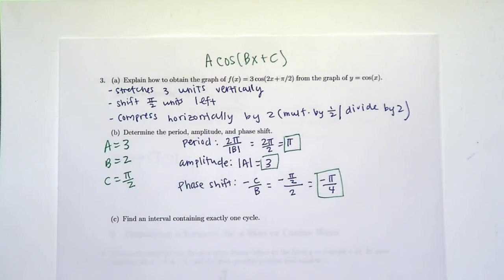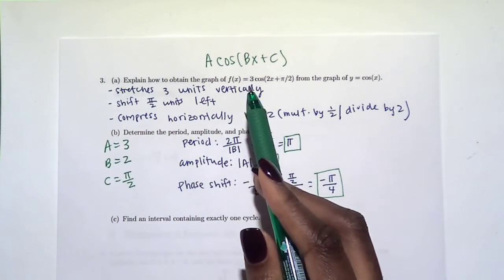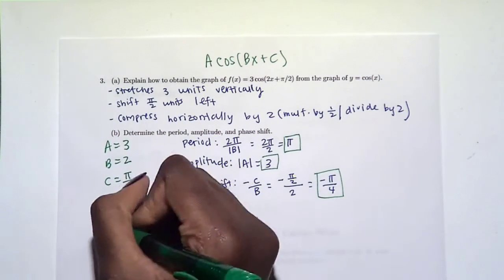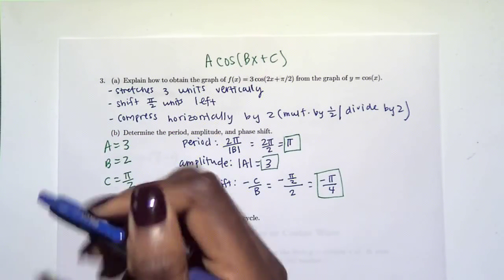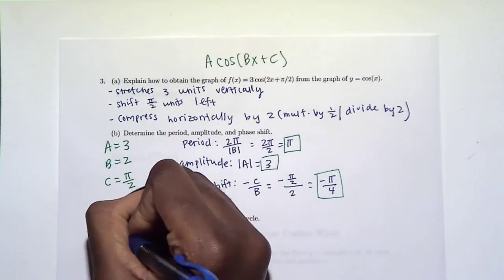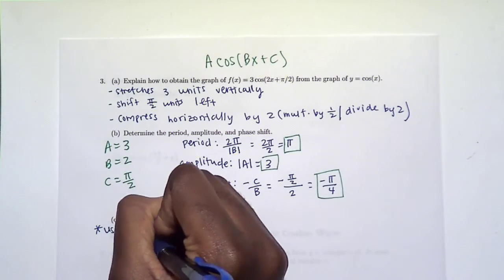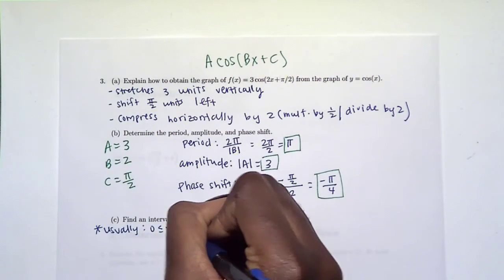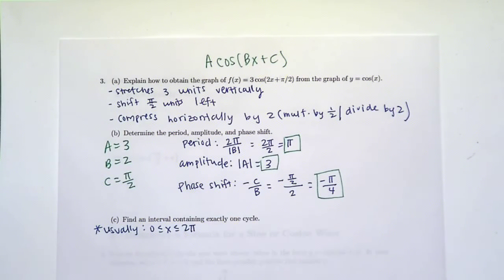Let's go ahead and look at an interval that contains one cycle or one period of our graph. Okay, so again, with cosine, our period is usually between 0 and 2 pi. So let's write that down. Usually all of our x values go from 0 to 2 pi before they start repeating again.